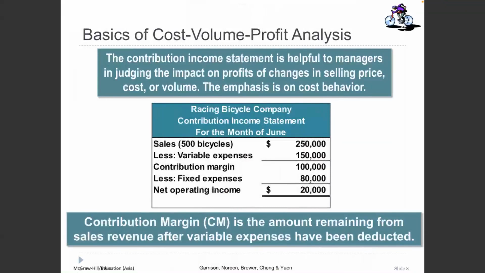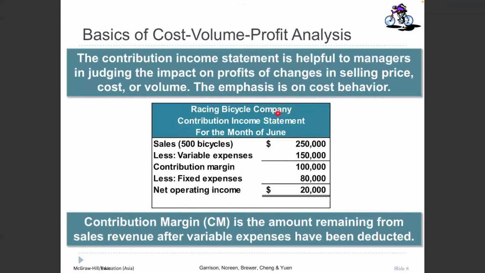We will use Racing Bicycle Company as our example throughout this chapter. So we have Racing Bicycle Company. Now they have sales of 500 bicycles, which equal $250,000. So it means that one bike equals $500.